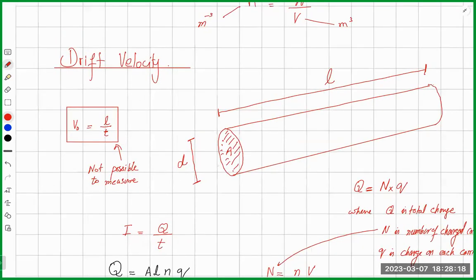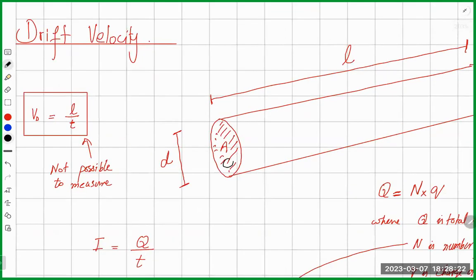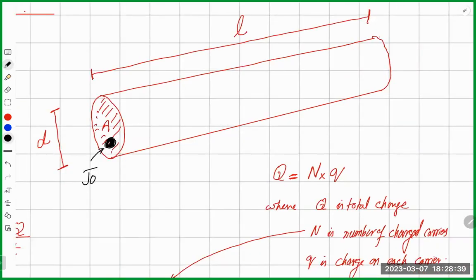Let's say I name this electron that I'm pushing in, this one, Joe. Okay, this electron is Joe.